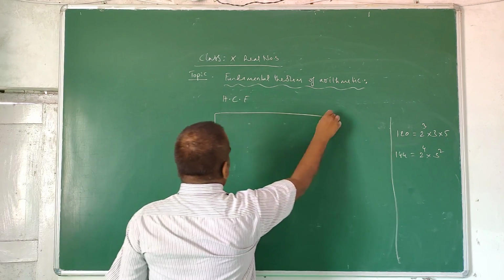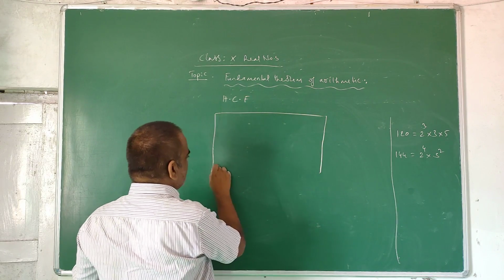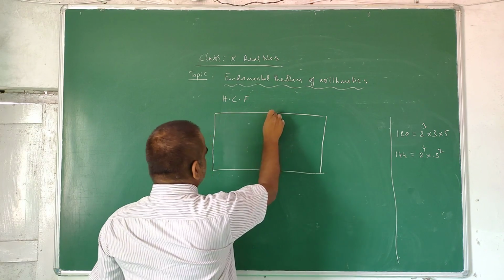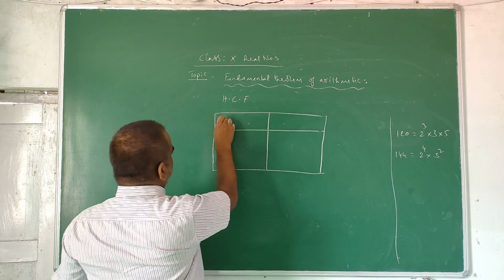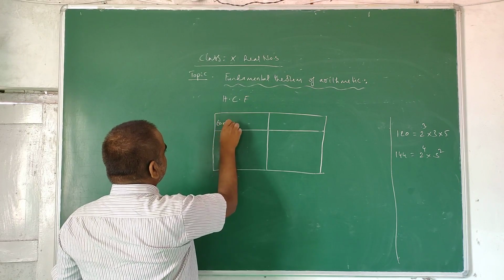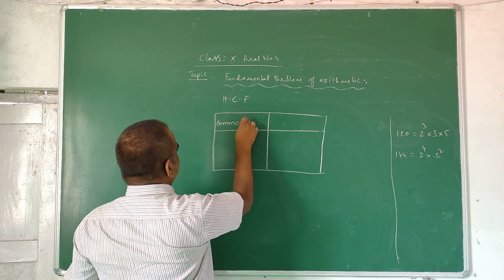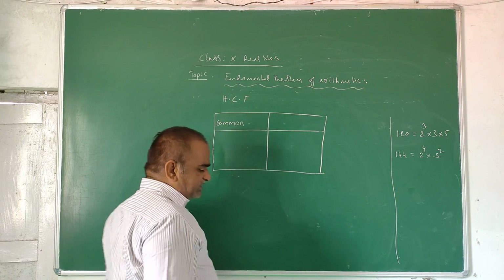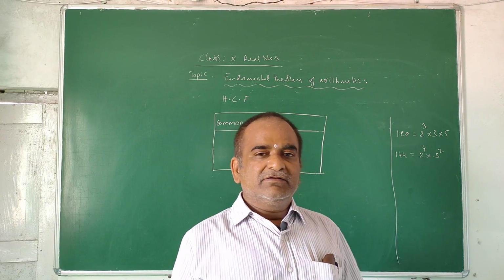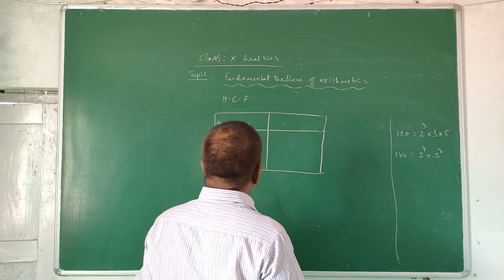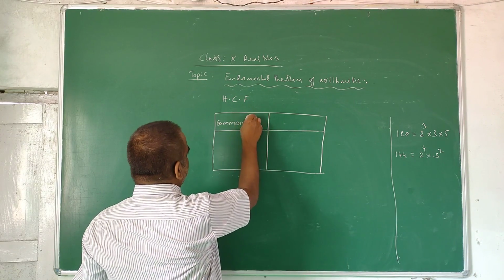So now take a table again with 2 blocks. Now here that one block is for common factors, not prime factors. In the previous case, we collect all prime factors. Here we take only common factors.